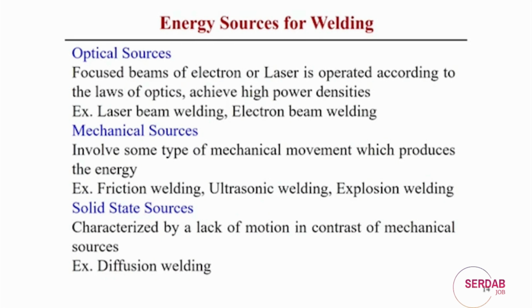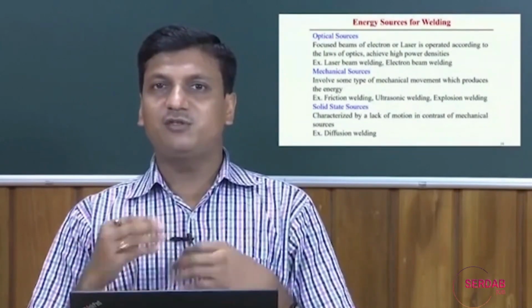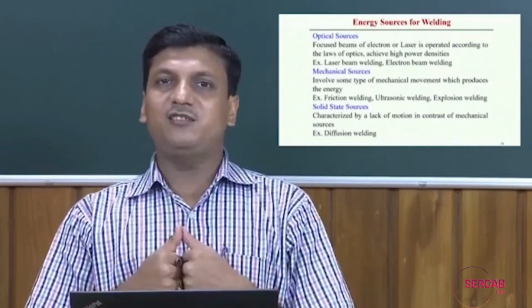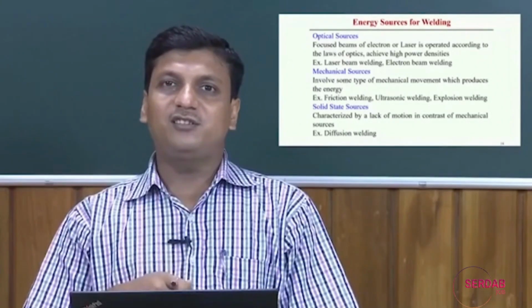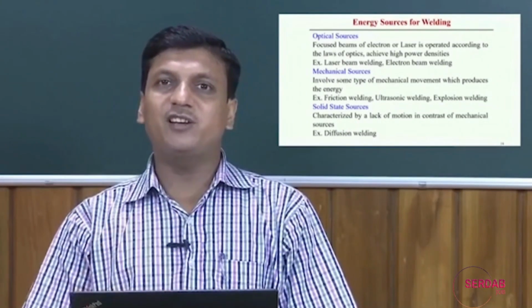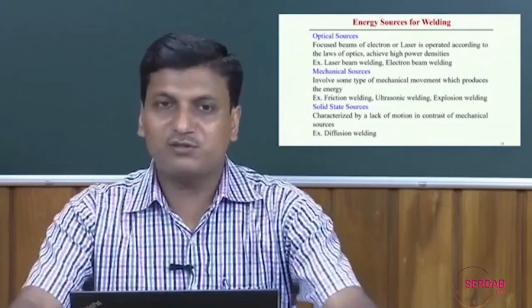Then mechanical sources, which involve some amount of mechanical movement that actually produces the energy. For example, friction welding. If you give a mechanical motion to the substrate material at high rotational speed, and it is in contact with another material, then at the contact surface heat is generated due to friction, and that friction happens due to the mechanical motion of the substrate material.